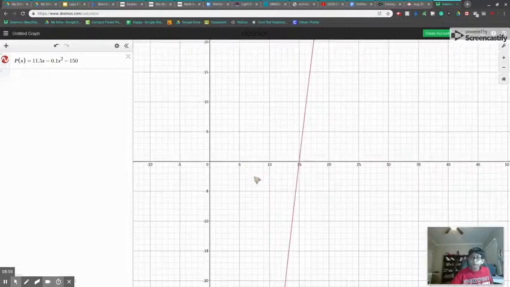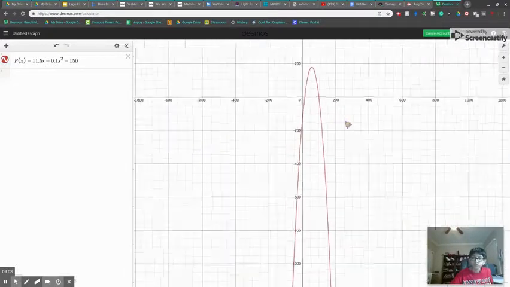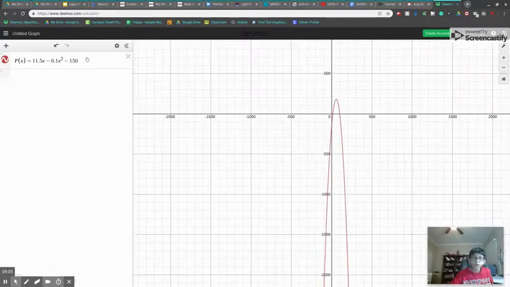So there's a graph. Oh, it's a good thing I zoomed out. Okay, so that's a graph, and I need to check something.